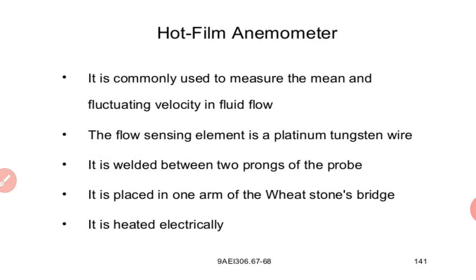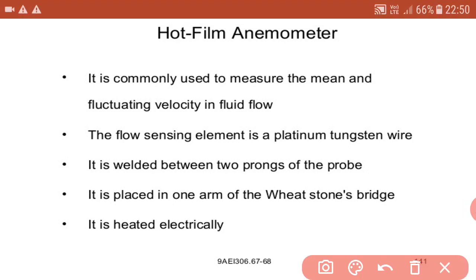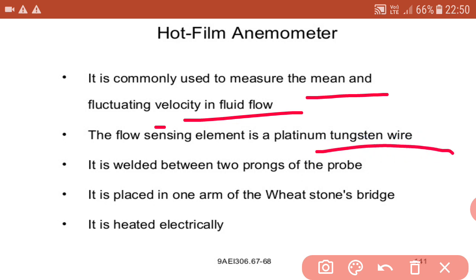Now hot film anemometer. It is commonly used to measure the mean and fluctuating velocity in fluid flow. The flow sensing element is a platinum tungsten wire.